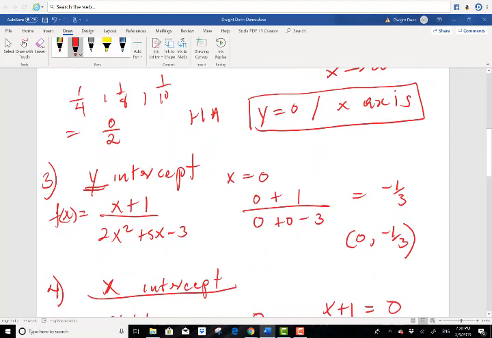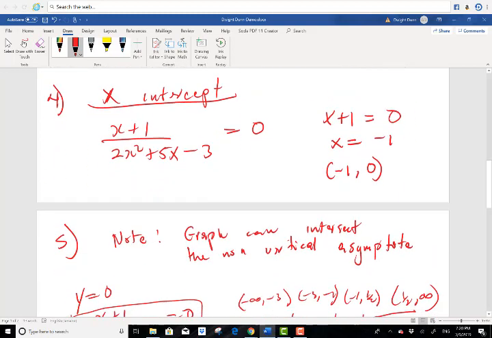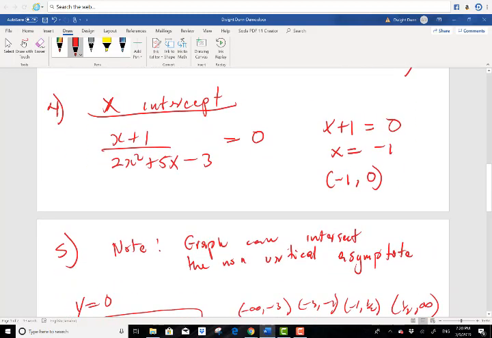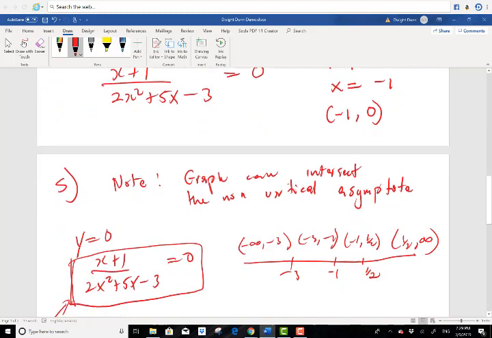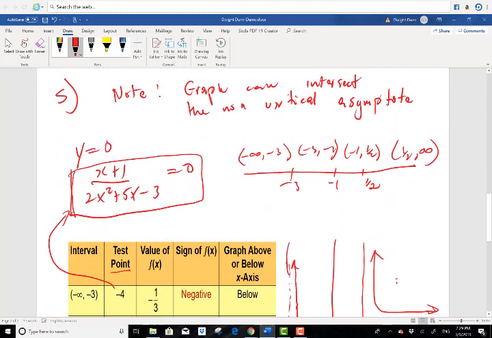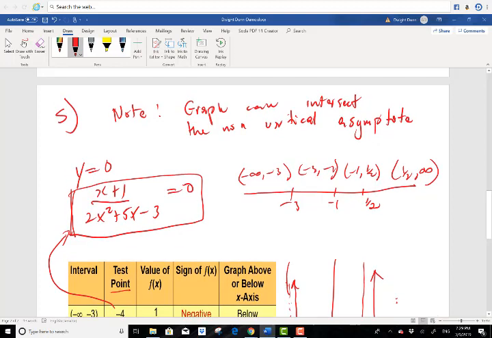For number 3, I then found the y-intercept by making x equal to 0. I get negative a third. For number 4, I find the x-intercept, and finding the x-intercept, I let y equal 0 and solve. I get x equal to negative 1. And then for 5, I test if the graph intersects the non-vertical asymptote, which I recognize by setting this equal to 0, which suggests that the value up there is the same.